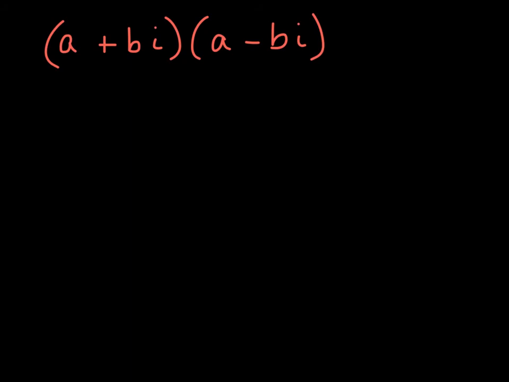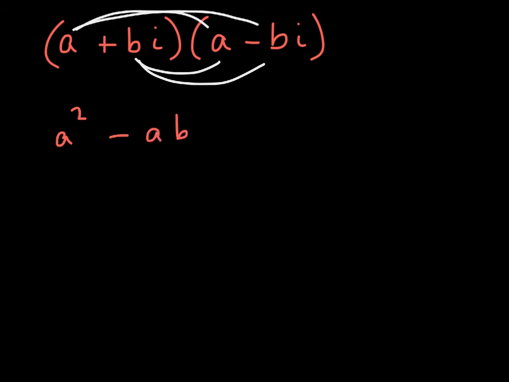So this is going to be true for all complex numbers, right? So when I distribute a times a and then a times negative bi, bi times a and then bi times negative bi, I get a squared, then I get negative abi, then I get positive abi, and then I get negative b squared i squared.